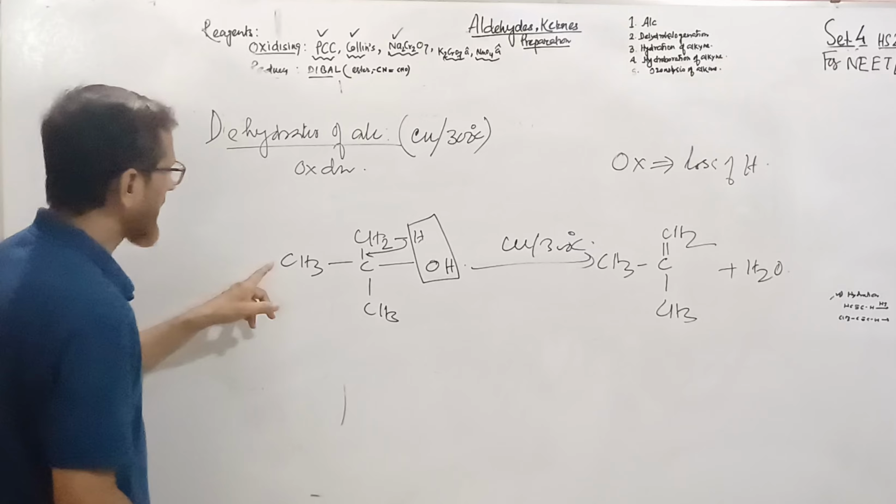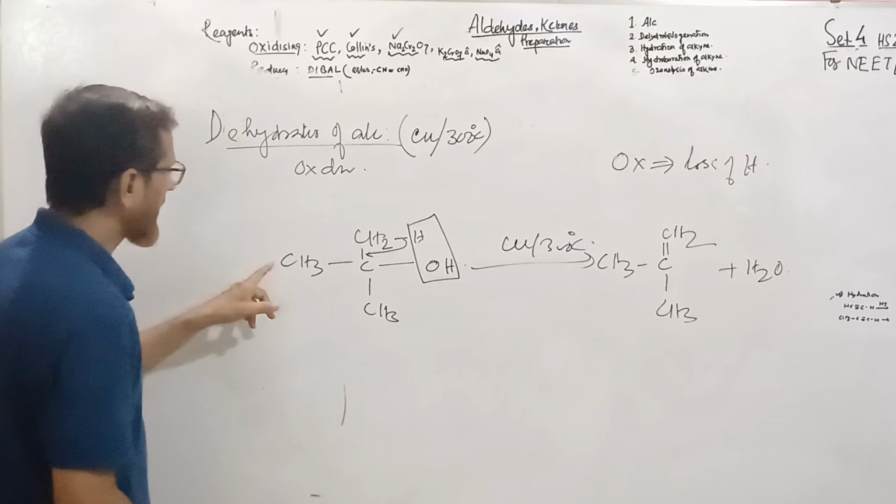Mild means on oxidation, generally, a trick is that I will just discuss. The trick is that a CH2OH group will oxidize to CHO, and on further oxidation it becomes COOH. Since it is mild, it stops up to CHO and doesn't undergo any further oxidation.